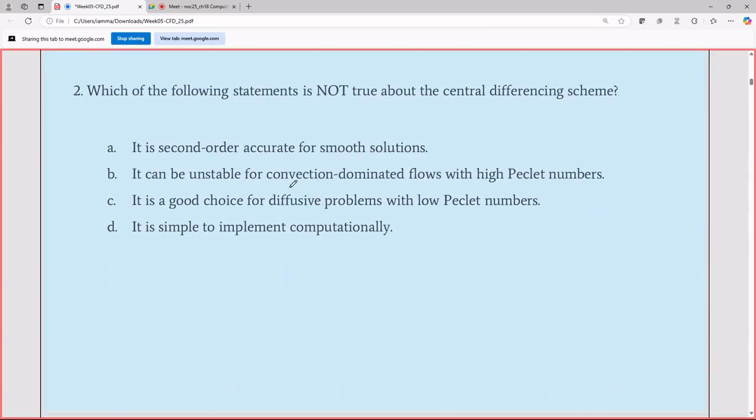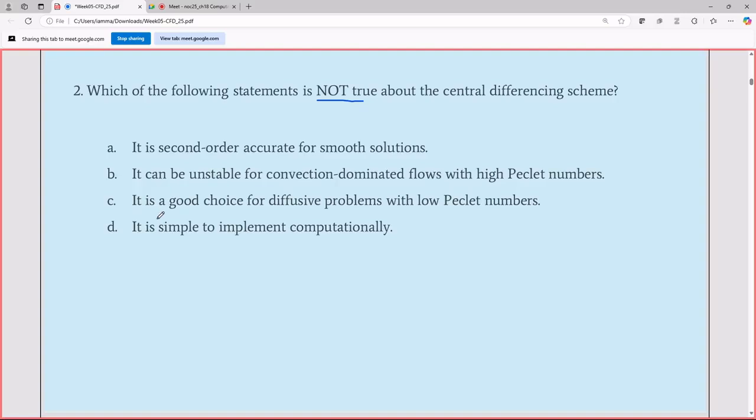Next question: which of the following statements is not true about the central differencing scheme? So the question is about the central differencing scheme, and we need the false statement among the following. Options are: option A, it is second order accurate for smooth solutions. Option B, it can be unstable for convection dominated flow with high Peclet numbers.